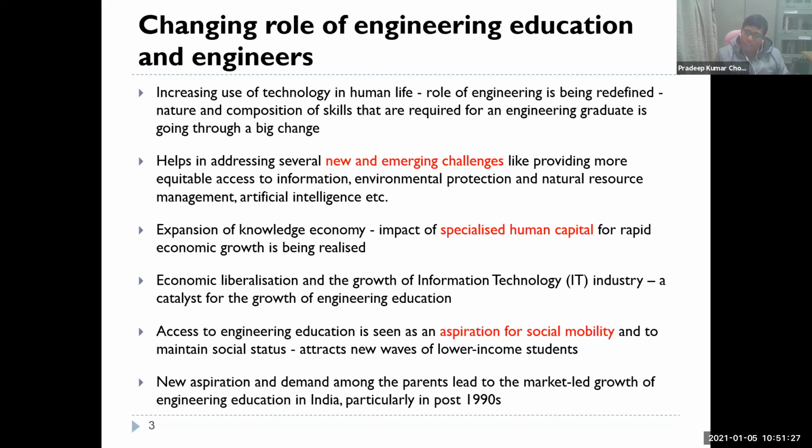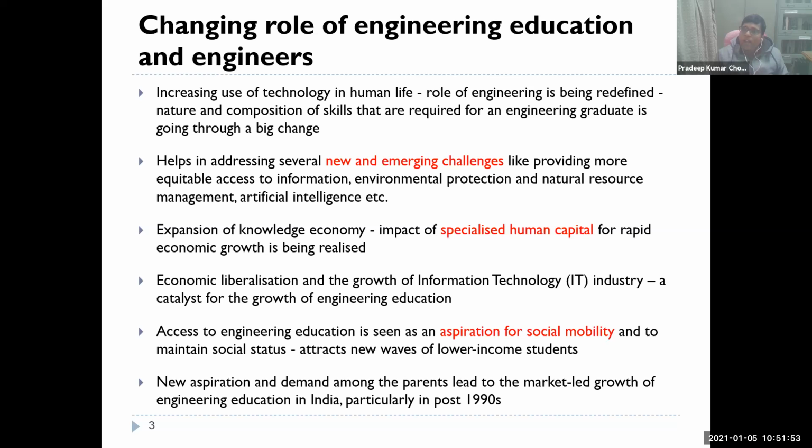I would say that in the current context, because we are linked with the labor market differently in today's context. So if that is the case, what is happening in this context? It helps in addressing several new and emerging challenges. So this we should take as an opportunity, and that opportunity is trying to solve several emerging challenges that the society is facing.